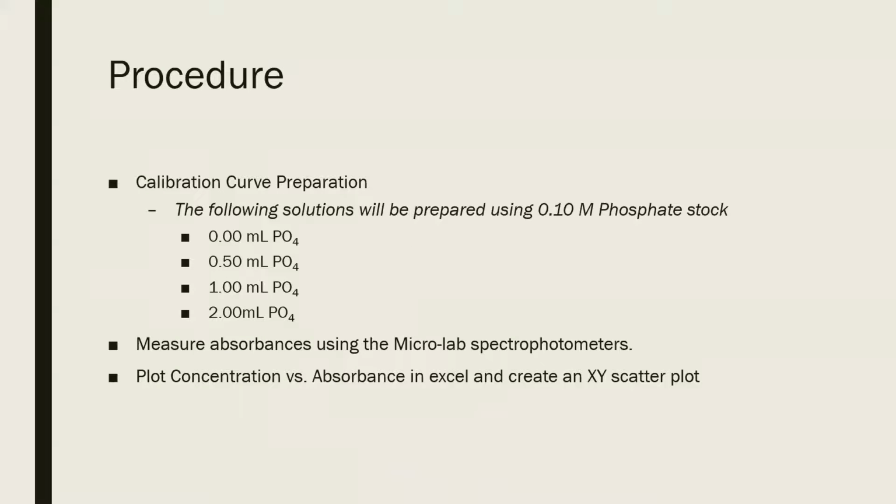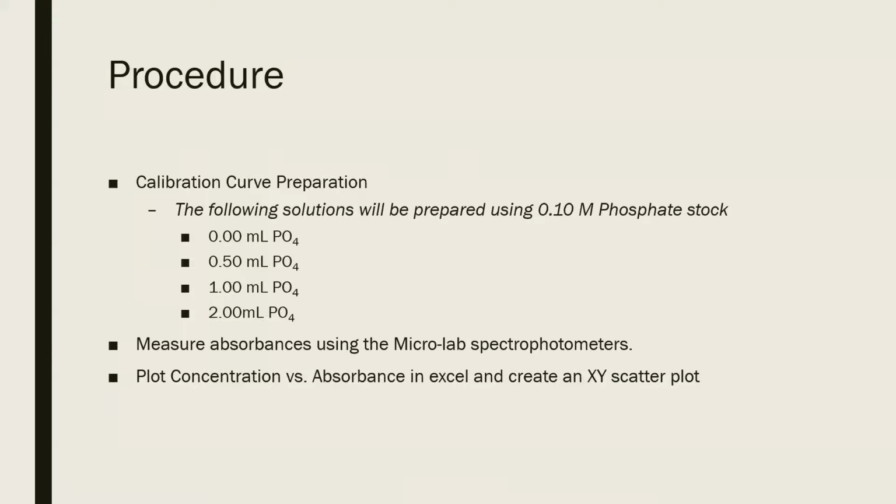Moving on, procedure-wise, what we'll be doing today to prepare the calibration curve is making a series of standard solutions from a phosphate stock. So in the back of the lab, there's going to be a bottle of 0.01 molar phosphate stock, and you'll be measuring out certain quantities of that stock solution to make your standards.